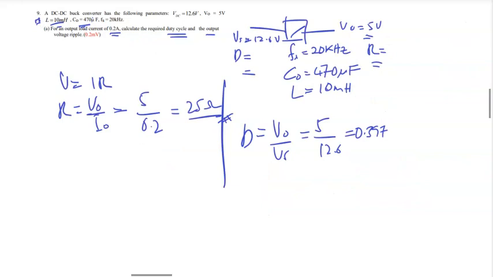To check whether it works in CCM or not, because we have to use the formula for CCM to calculate the value of C. So IL minimum is equal to V out times (1 divided by R minus (1 minus D) over 2LF).